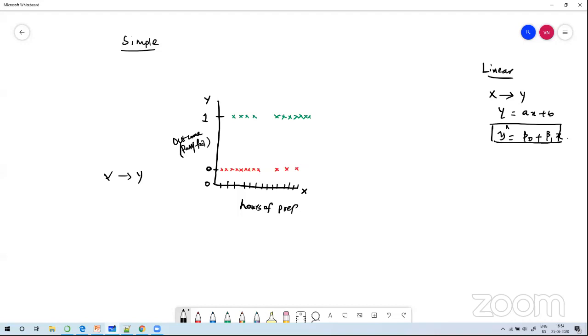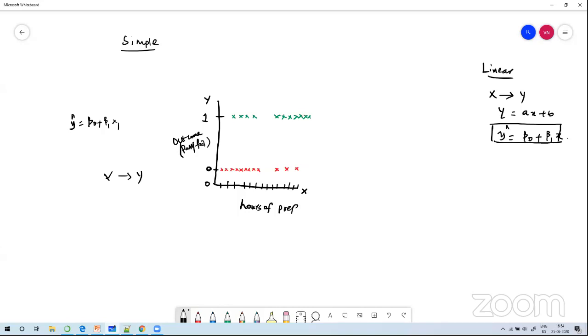But here, unfortunately, we cannot write the same equation. If we write Y hat is equal to beta naught plus beta 1 x1, it would look like a line going through like this. But that's not the best line. That line doesn't represent this data. There is no way that we can represent the relationship between X and Y here using a linear line, right?